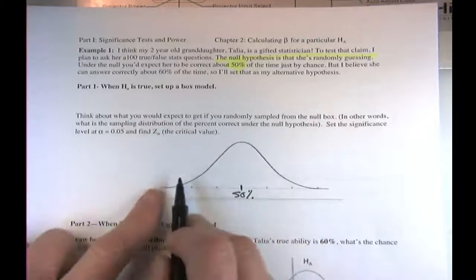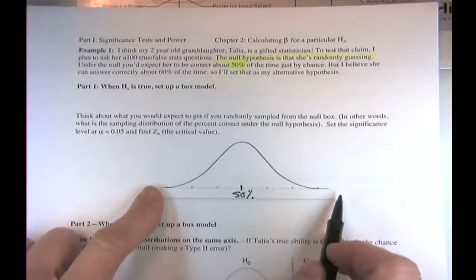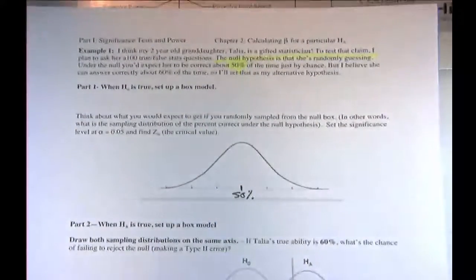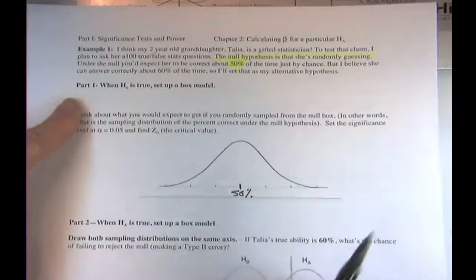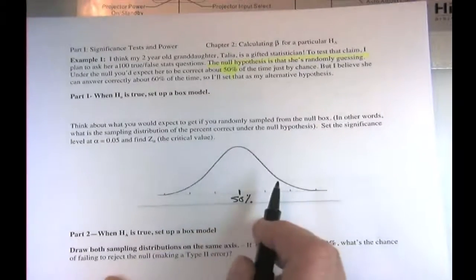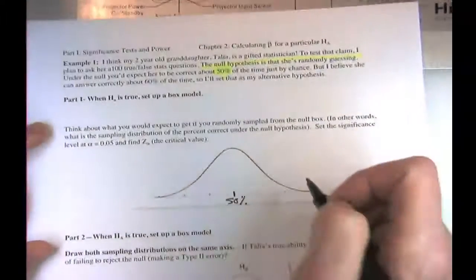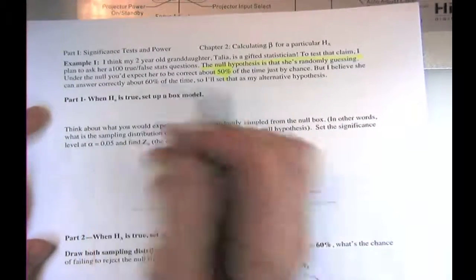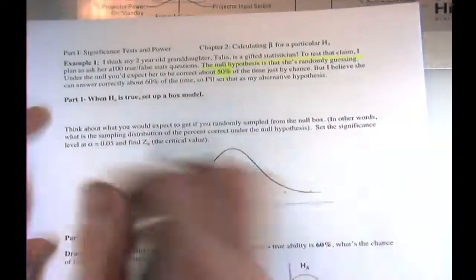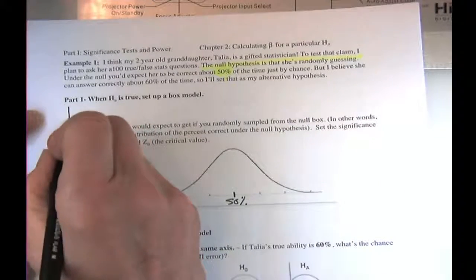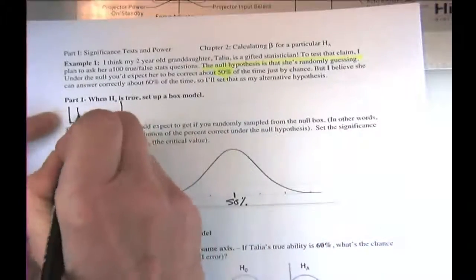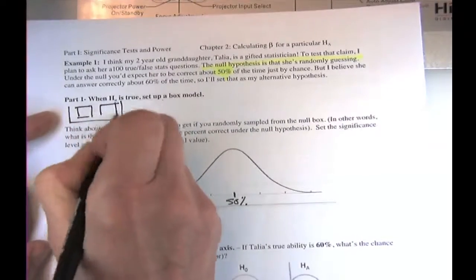I know that it follows the normal distribution because of the central limit theorem. We'll go into that once we set up a probability model. But now we need to find the standard error. So we need to set up a box model, a probability model. The simplest one would be a box with tickets in it and numbers written on the tickets.